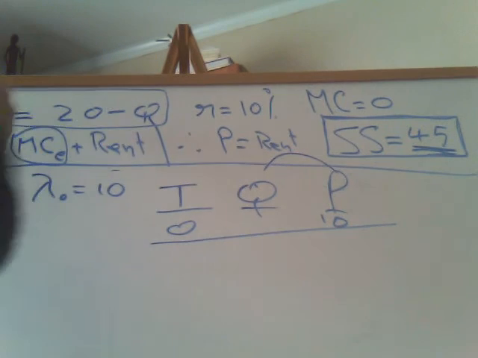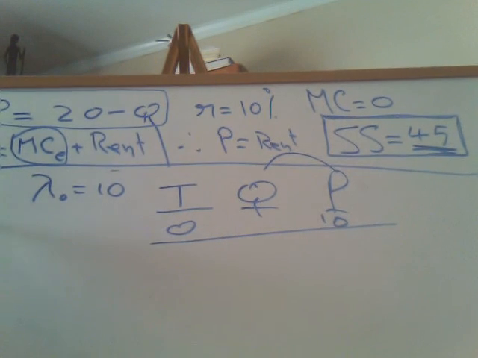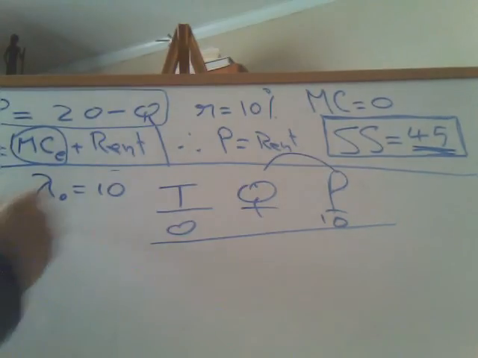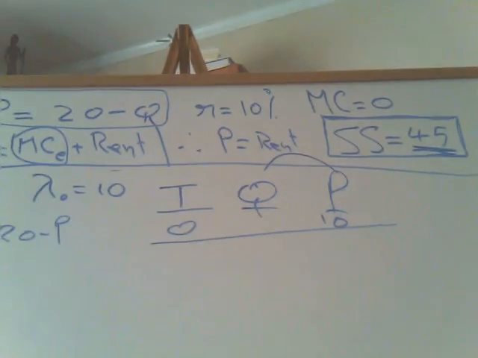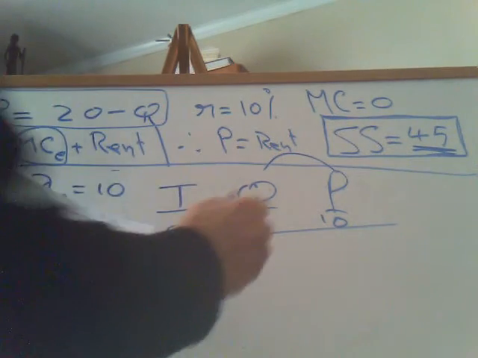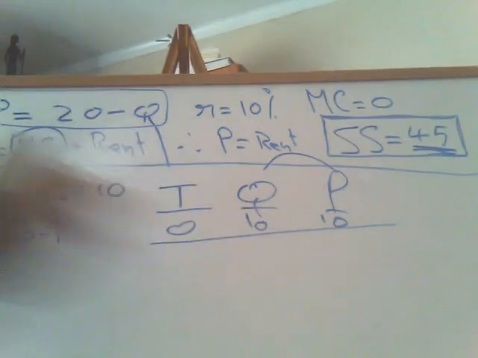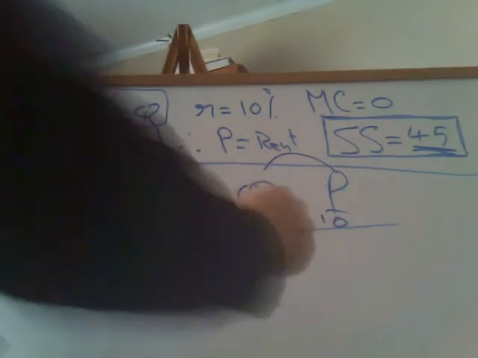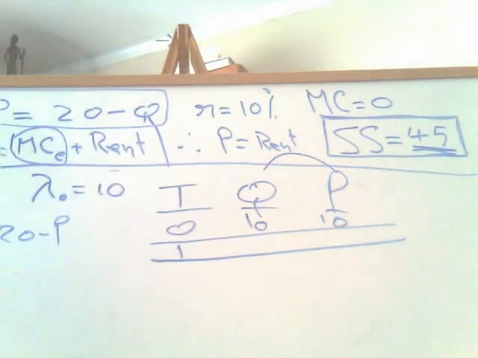Remember, oh, we've already erased it. Okay, let's put it here again. So quantity is equal to 20 minus P. So it's going to be, in this case, what? 10. Right? What's going to be the next price during the next period?